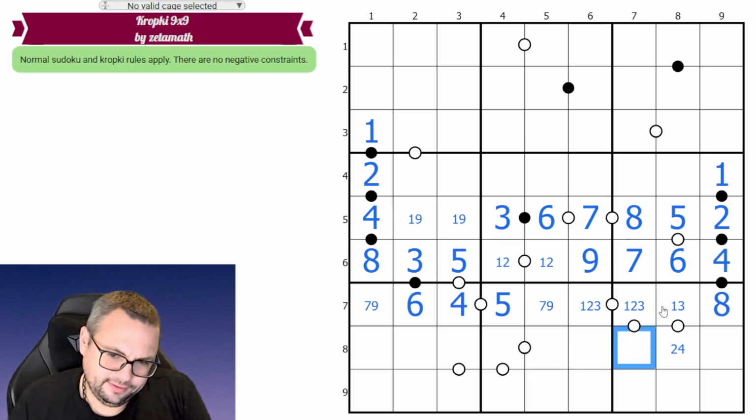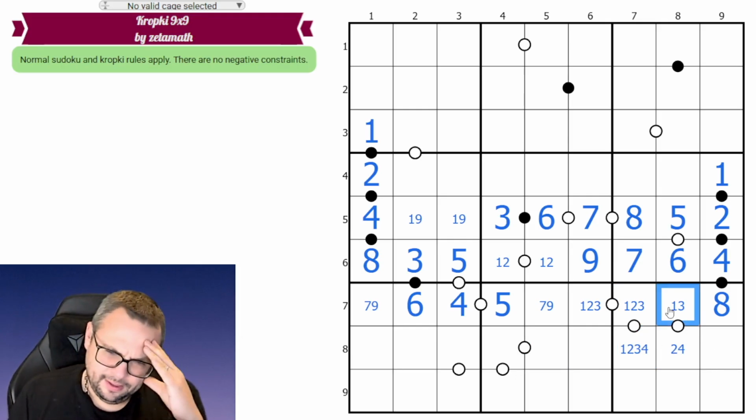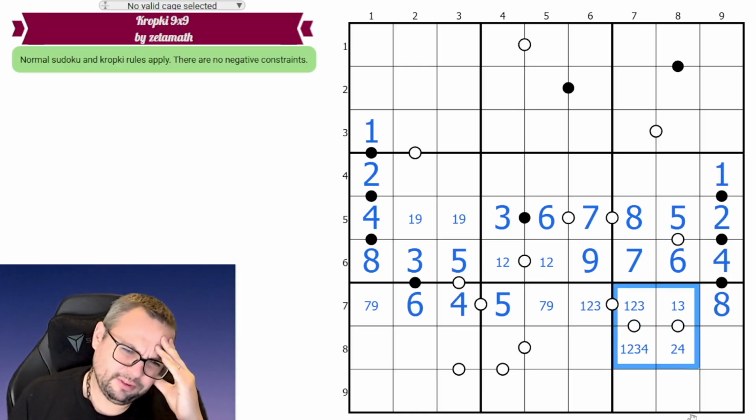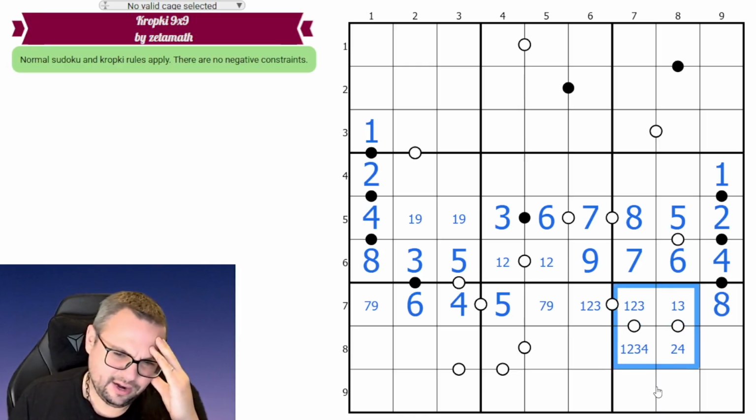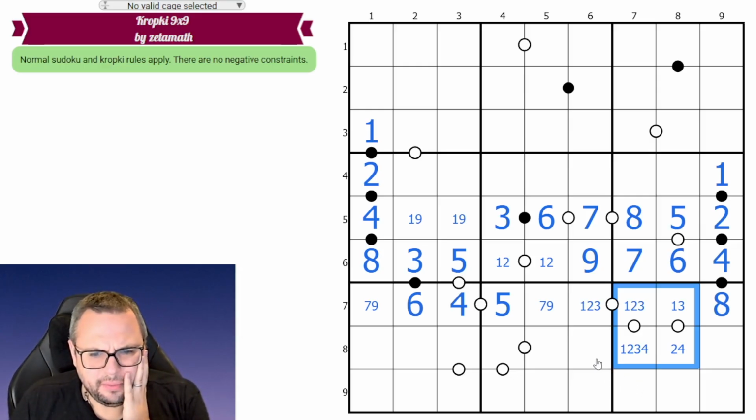Okay, and this is, again, I said 1, 2, 3, 4. But actually, if you look at what's happened here, this has created a 1, 2, 3, 4 quadruple within this box. Somehow relevant, I suppose.